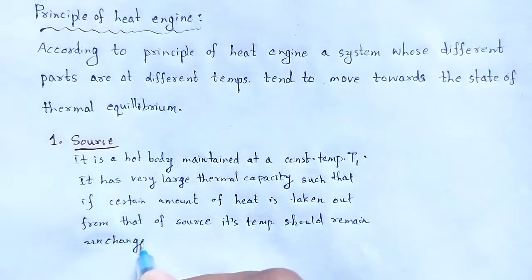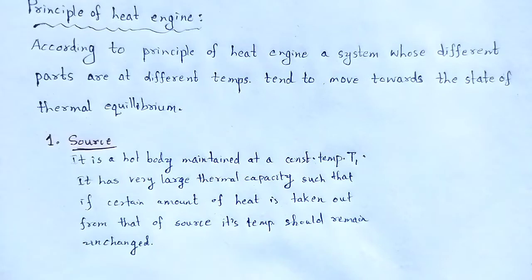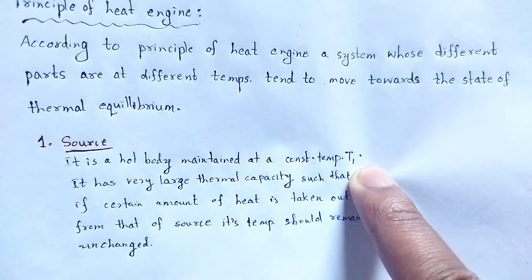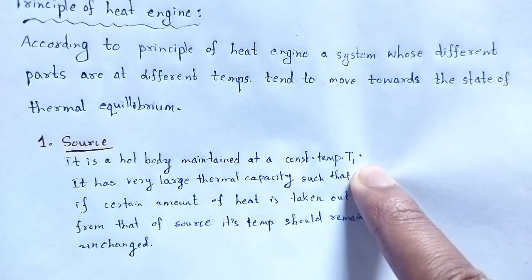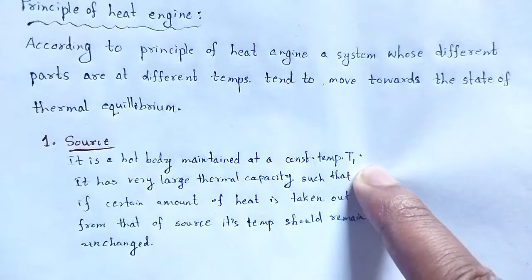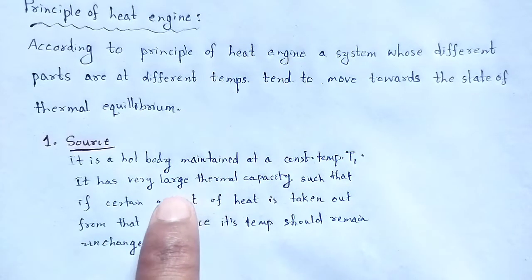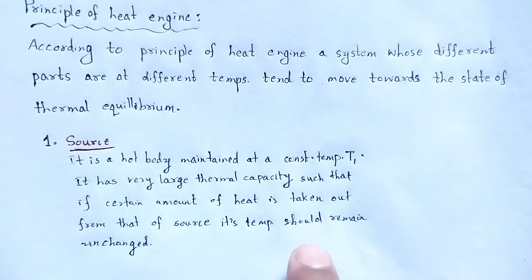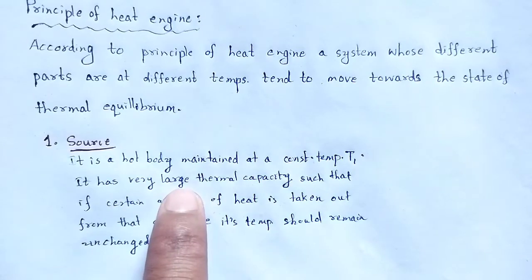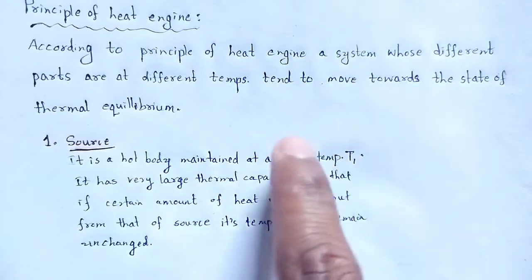See, what is that source? It is a hot body maintained at a constant temperature T1. We maintain constant temperature T1 because it is the higher temperature in comparison to that of the sink. We discuss the sink later. So, the source has very large thermal capacity, which means if a certain amount of heat is taken out from the source, its temperature should remain unchanged. That is why we take a large thermal capacity, which means the temperature of the source is too high.